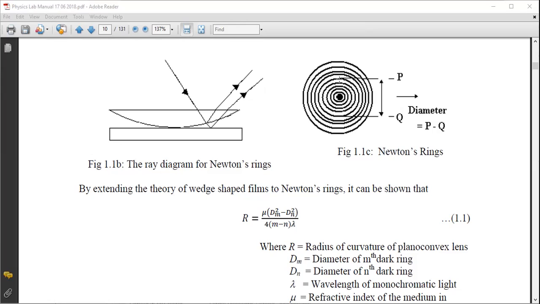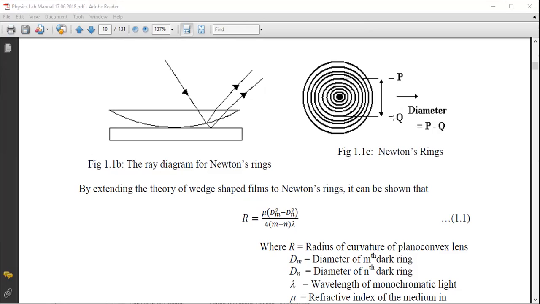As you go vertically downwards from the center, to the fifth ring, if you measure that point Q, say point Q may be at 4 millimeters. Say point P is at 1.5 millimeters and point Q is at 4 millimeters.